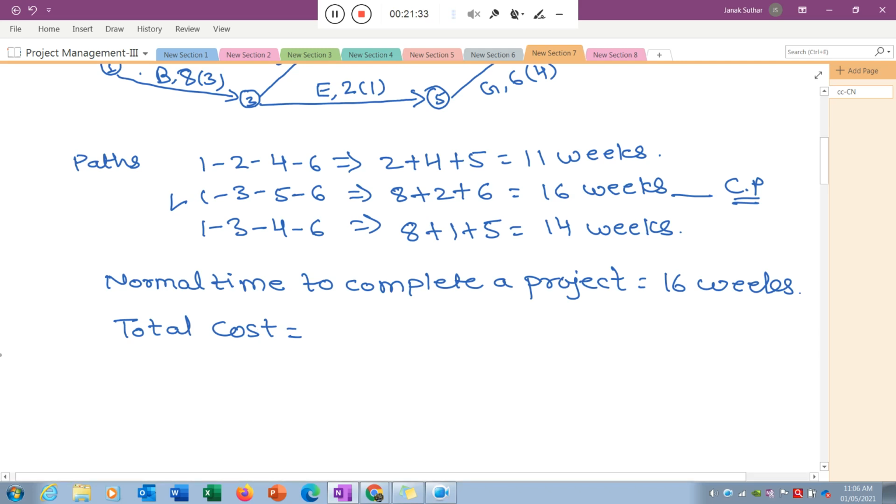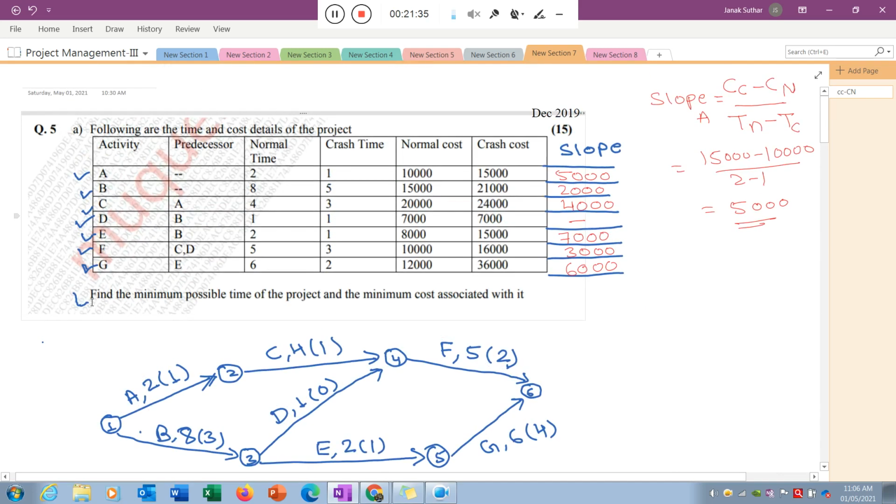Here in this question indirect cost is not mentioned, so assume there is no indirect cost. Indirect cost means cost that increases with respect to time, such as loan, rented equipment and resources. Here indirect cost is not available, so assume that it is zero. Now what is the direct cost?